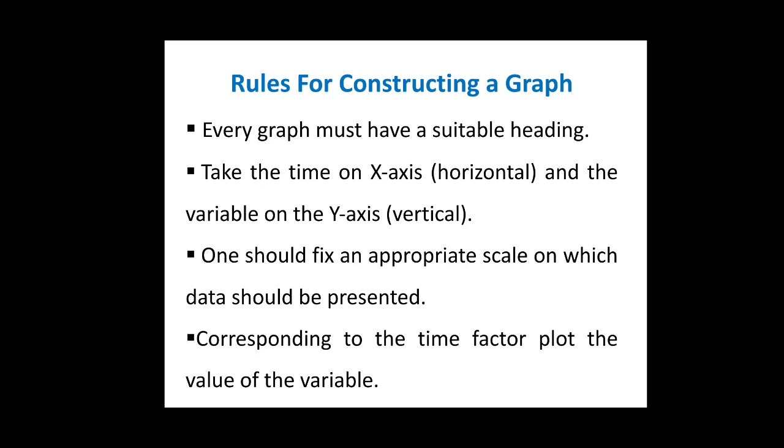Dear students, for each axis, a convenient scale is chosen which represents the unit of a variable. The choice is made in such a manner that the entire data is accommodated in the space available.